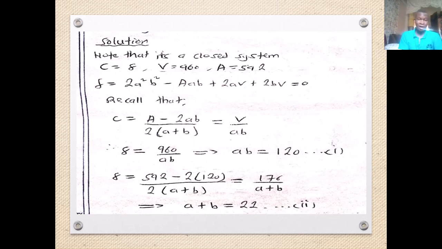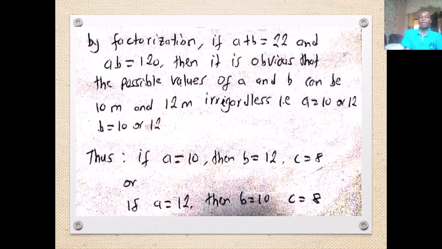Then you divide that, and you have A plus B is equal to 22, and that's equation 2. Then by factorization, we have A plus B is equal to 22, and we also have A times B is equal to 120. This is going to lead us into a quadratic equation, but in this way, this is how we end up with our equation 1 and equation 2.